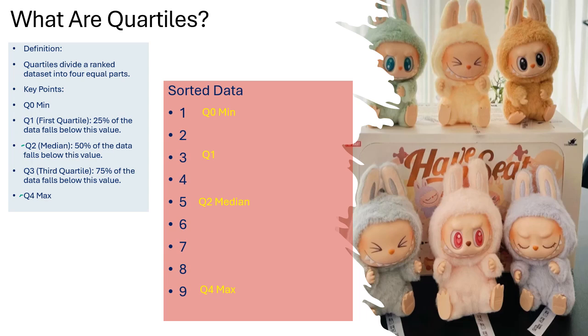This one is Q1, where 25% of the data is smaller than Q1, and Q3 is between Q2 and Q4, and for Q3, 75% of the data is smaller than Q3. Okay, so we will understand more when we use the real data in Excel.